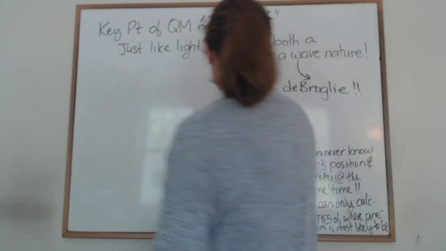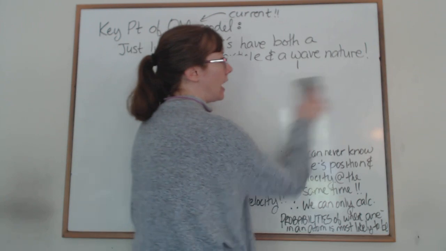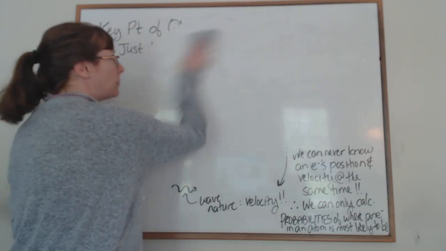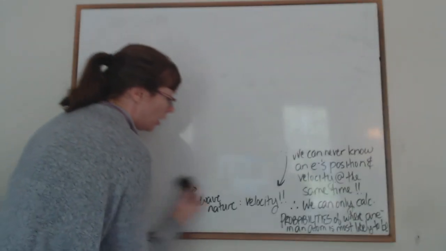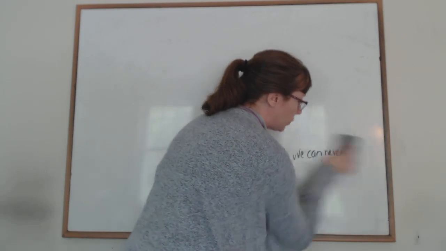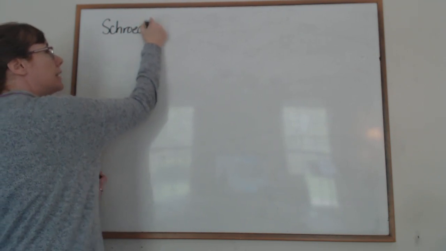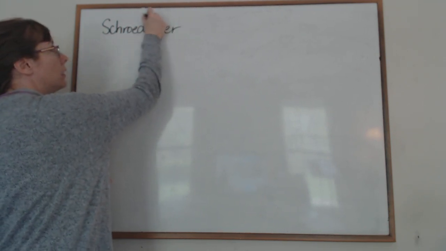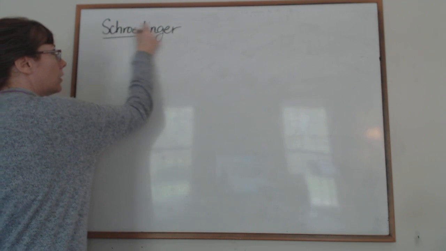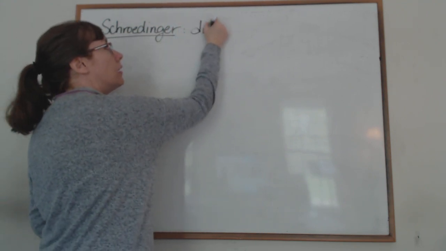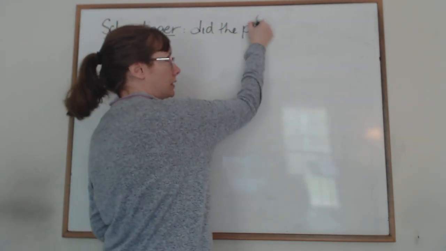And so who did all these calculations? And now we're getting into the last part here, which is the quantum numbers. A man named Schrödinger. Brilliant, brilliant. Actually, all of these people were beyond brilliant. Schrödinger did the probability calculations.